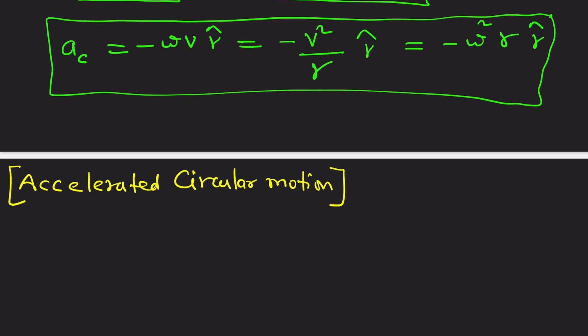Physics is like this only: the first three or four lectures might be only theory, just building the foundation of the chapter, and when the concepts get built up, only then can we take some problems. So wait for at least two more lectures. After that we will take some illustrations also on the topics that we have discussed till now.